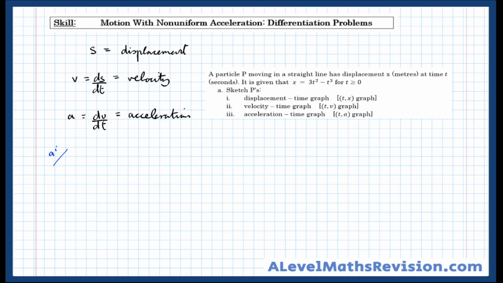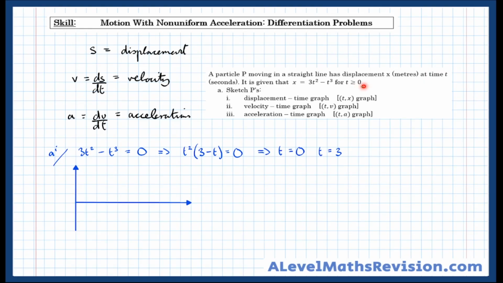So let's calculate where the roots of that cubic are. 3t squared minus t cubed equals 0, and factorising we get t squared times (3 minus t) equals 0, which means that there's a double root at 0 and there's a single root at t equals 3. So that's going to help us sketch the graph now.